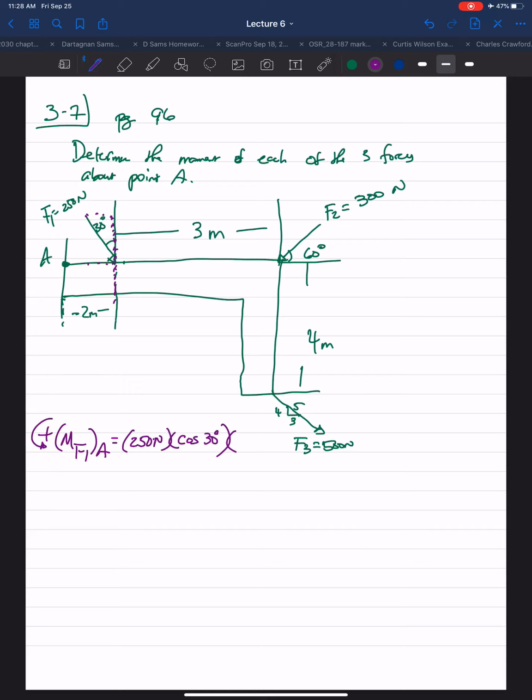So that gives us the vertical component of the force, F1. And the perpendicular distance is 2 meters.